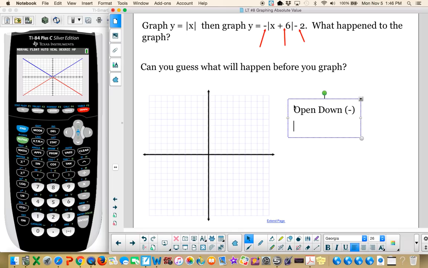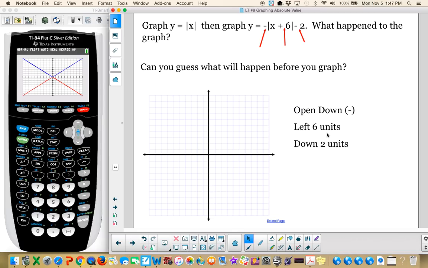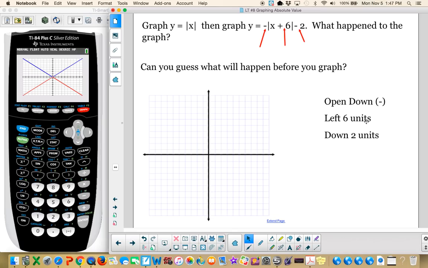It will also translate, now because it's inside the absolute value, I would think to the right, but it's just the opposite, to the left 6 units. And because of the subtract 2 on the outside, it will also translate down 2 units. So it will open down, it will go to the left 6 units and down 2 units.